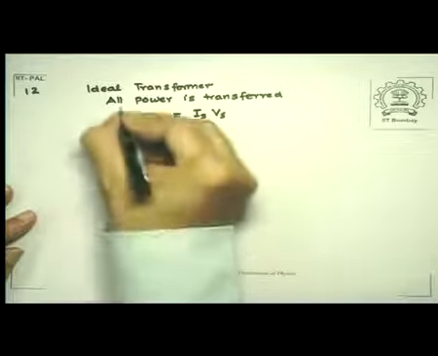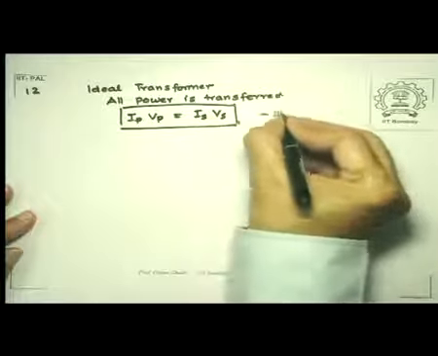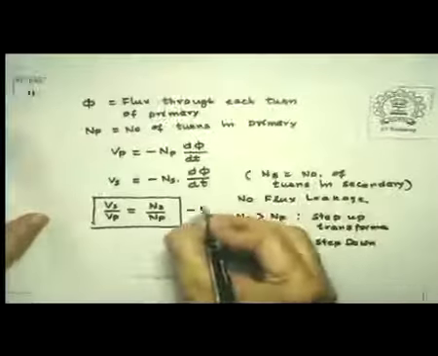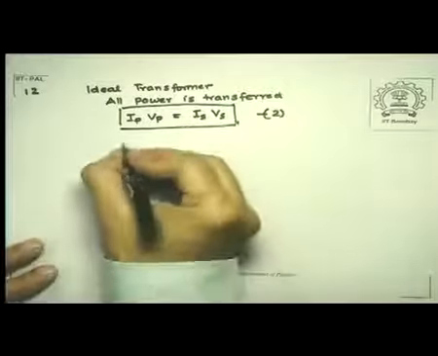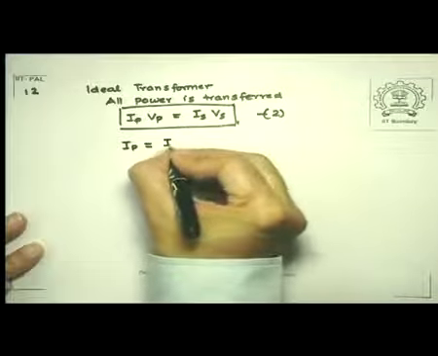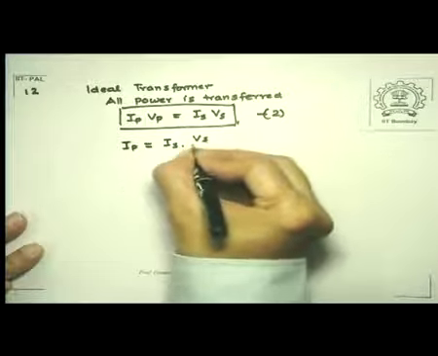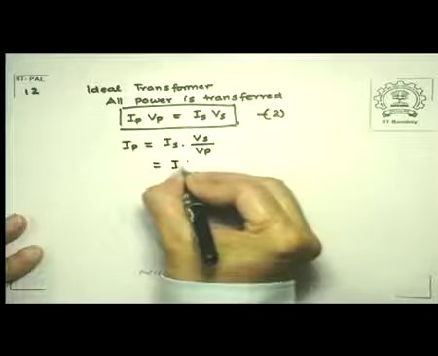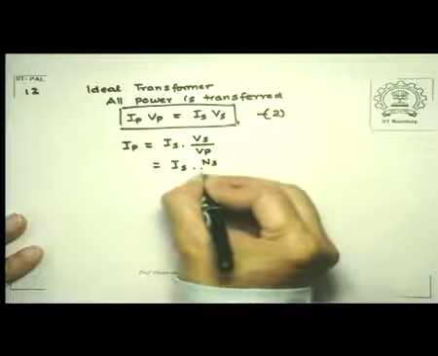This is my second equation. Now if I compare these two expressions, this was my equation 1, then what you find is that my Ip is Is times Vs by Vp, which is equal to Is times Ns by Np.